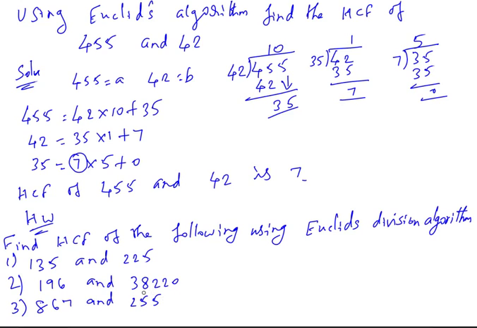In lower classes we found the HCF using the prime factorization method and the listing the factors method. If we use those methods for such big numbers, the factorization will go long. So to reduce that, we use Euclid's algorithm.